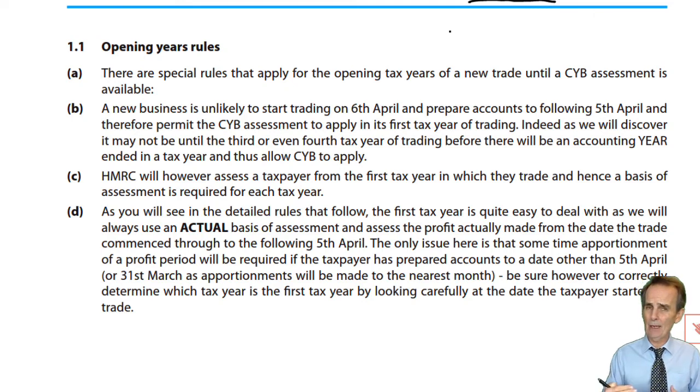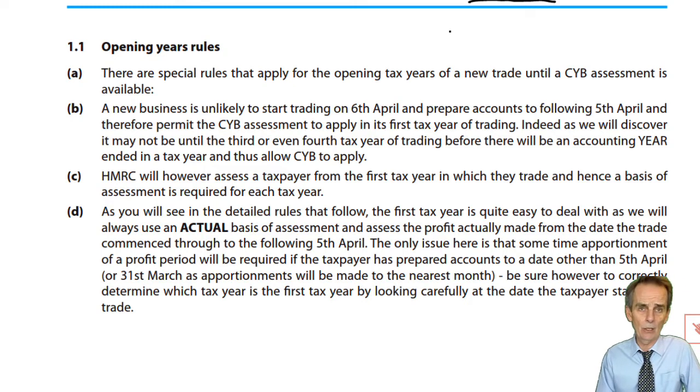Don't worry, having spent quite a lot of time on that, when we then come to look at the closing year rules, when a business ceases to trade, there is just one set rule. So that's a whole lot quicker and easier to deal with. So again, forewarned is forearmed, as they say. Opening years are going to take us a little bit longer to be able to deal with.